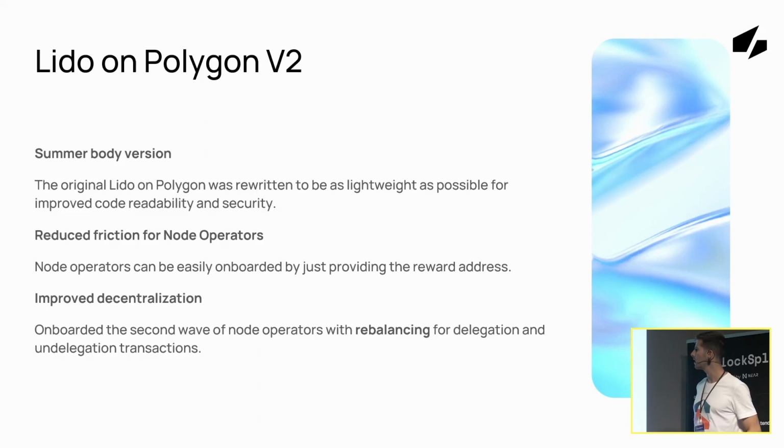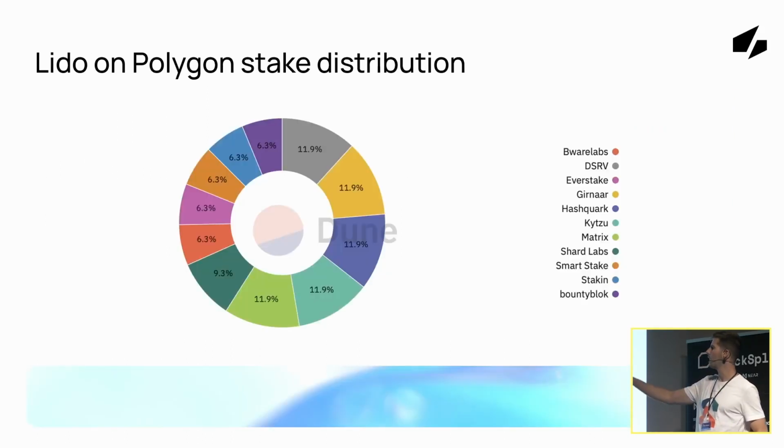And on this next slide, I want to show you the current distribution of the stake among Lido on Polygon node operators. As you can see, there are currently 11 node operators, with 6 of them having a bit larger stake amount, from 9.3% to 11.9%, and 5 of them with just 6.3%.